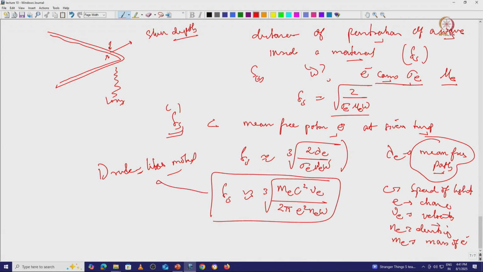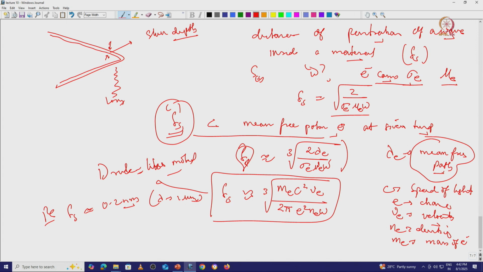Okay, if the skin depth delta S is less than the mean free path of the electron at a given temperature, for example, delta is approximately 0.2 nanometers for a lambda of 1 micrometer if you calculate for iron, okay. But if this delta S is less than the mean free path, we can call it delta S analogous.